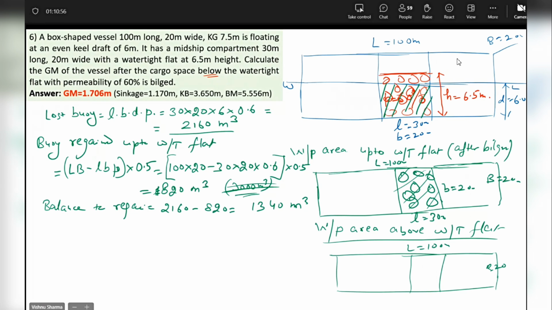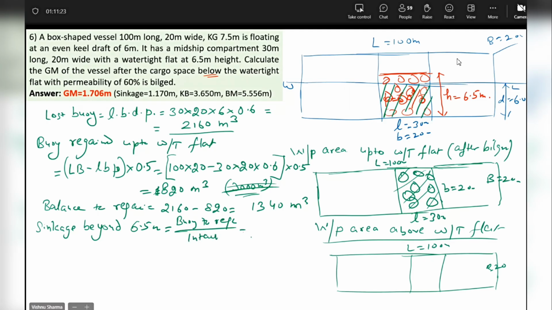So, sinkage beyond 6.5 meters. Beyond H. Why? Because 820 is already regained up to H. I need to regain 1340 more. It will be the buoyancy to regain upon intact water plane.